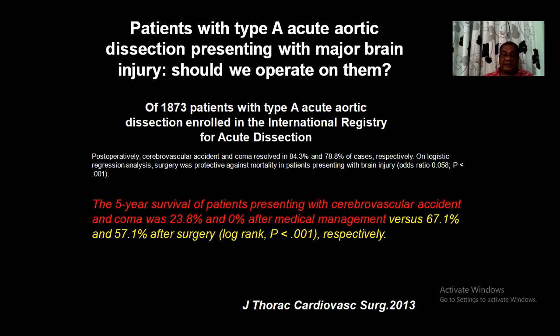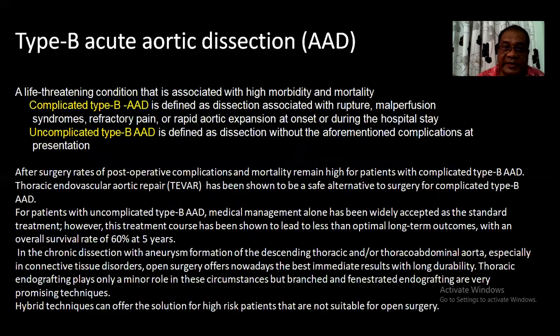So the log rank p-value is less than 0.001 respectively. So it goes in favor of doing the early surgery even when there is major brain injury after aortic dissection.